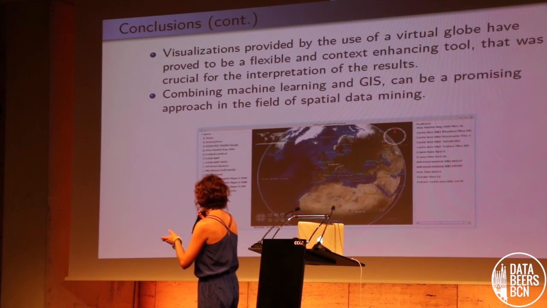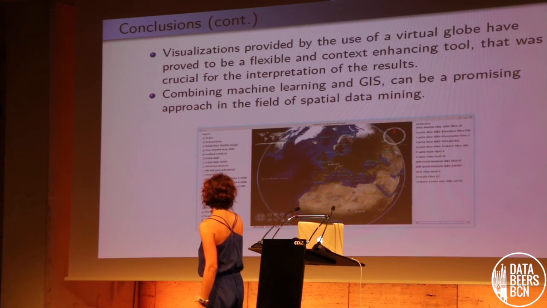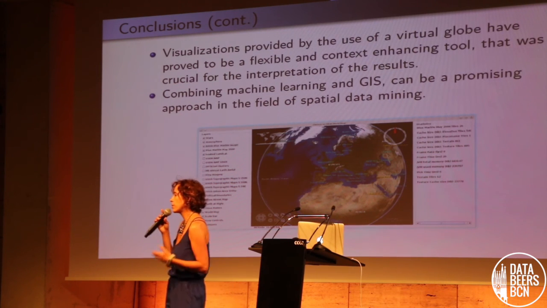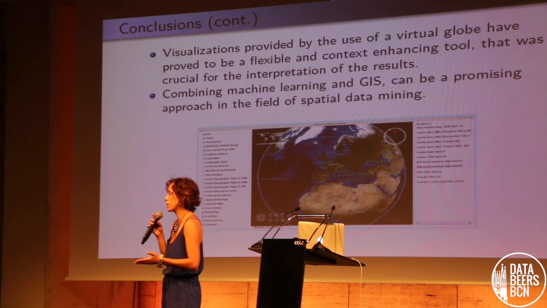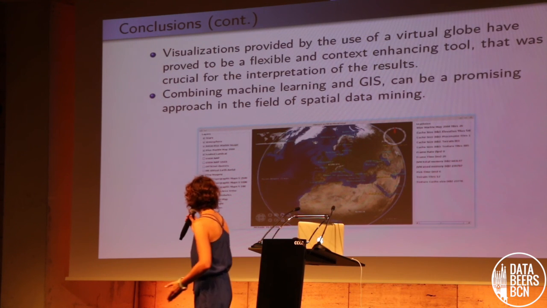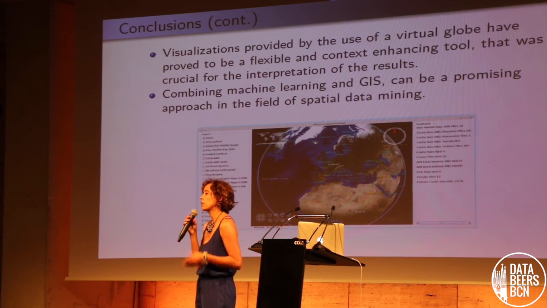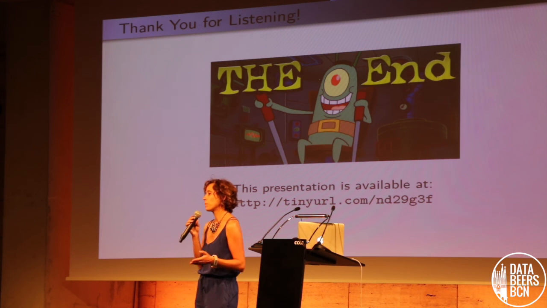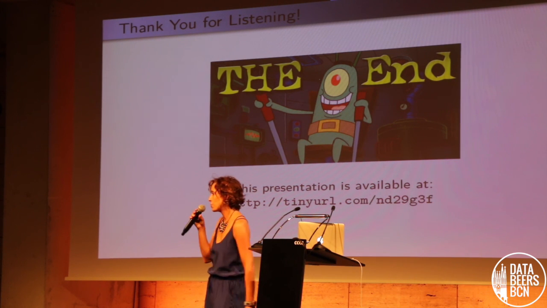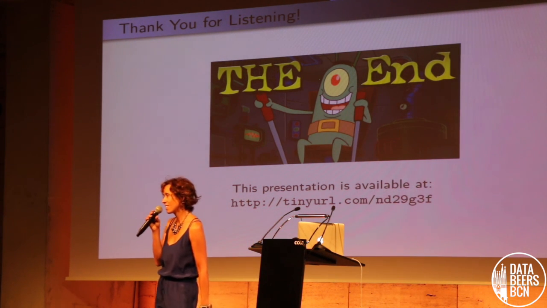And I think that's very good. So we should not have to choose between both of them. And of course, the visualizations provided by the virtual globe were very important to interpret the results. Therefore, I think that combining machine learning and GIS in a tight coupling is a very promising approach that we're going to see more and more in the field of spatial data mining.